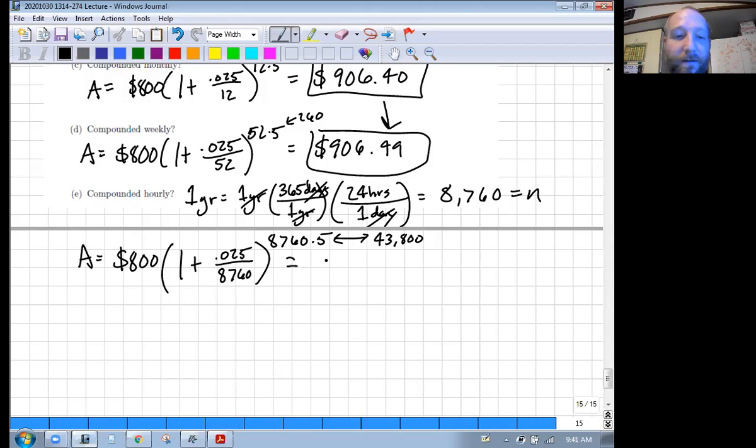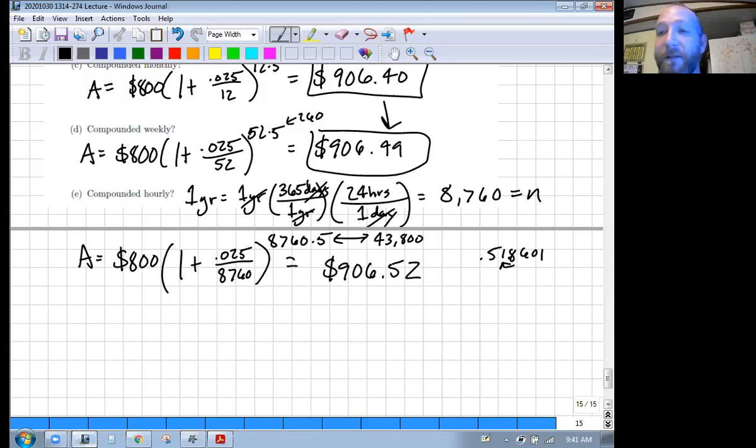I got $906.52, rounding up. It's really 0.518601. So the 8 rounds the 51 cents up to 2. I'm pretty sure banks would round down though.